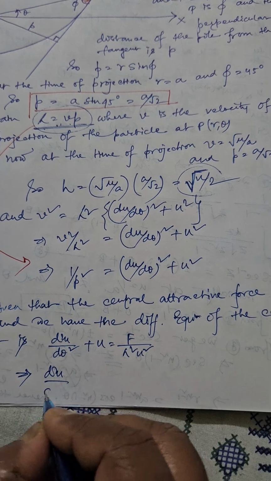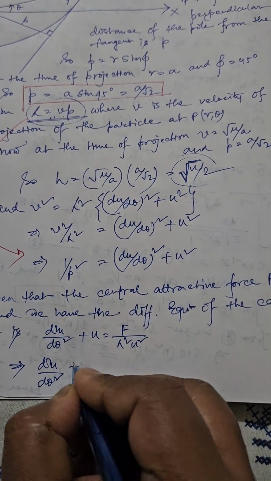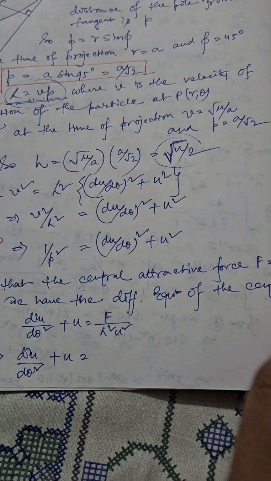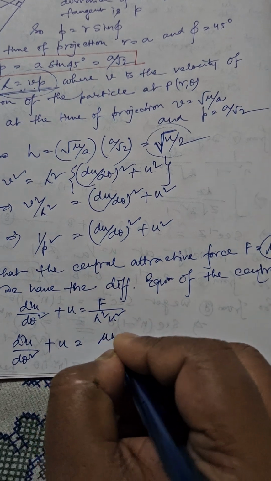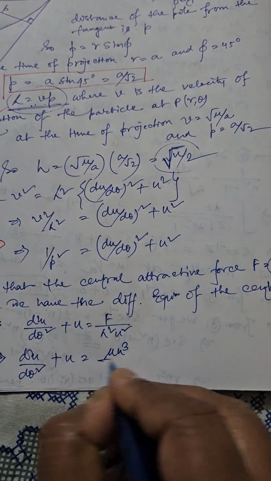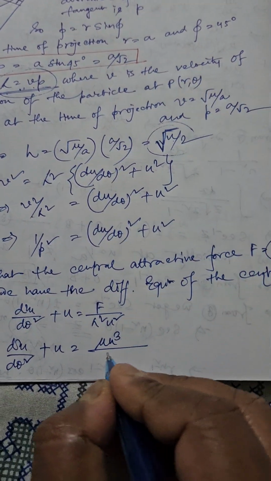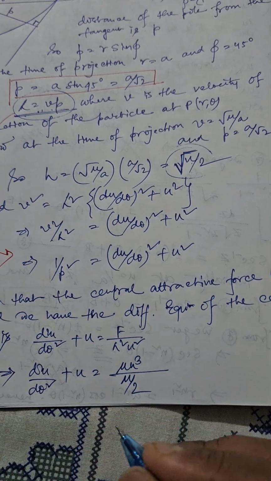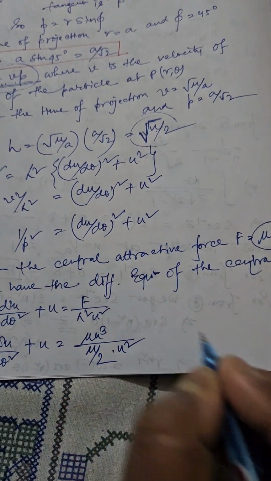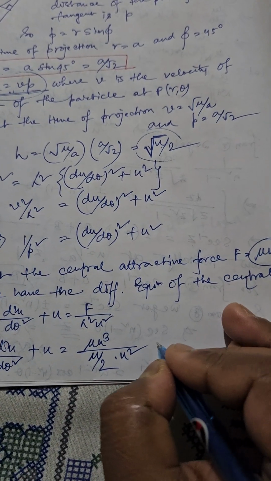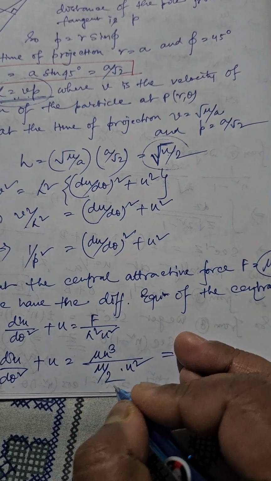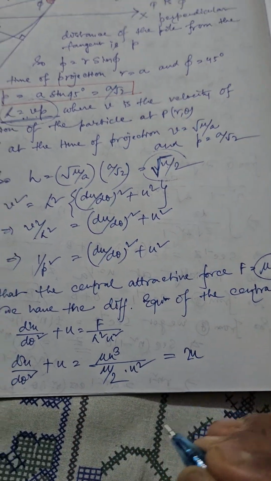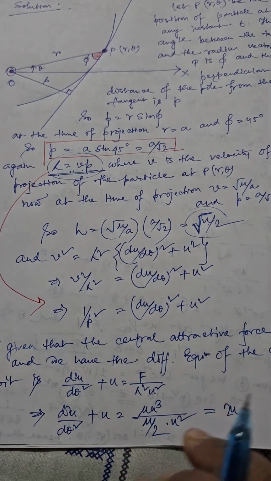So d2u d theta 2 plus u, what is the value of f? F is mu u cube, h square will be mu by 2 multiplied by u square. So from here you will get mu will be cancelled, 2u. So d2u d theta 2 will be u.